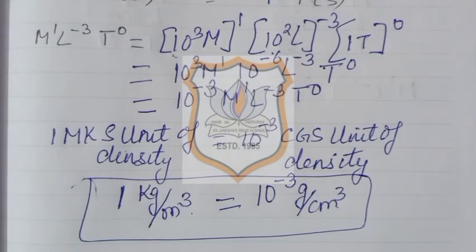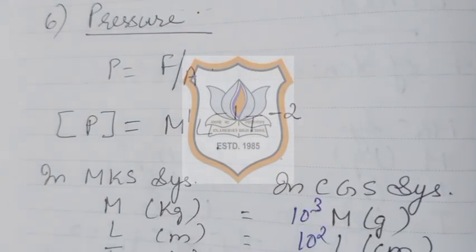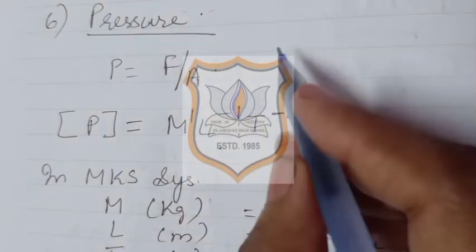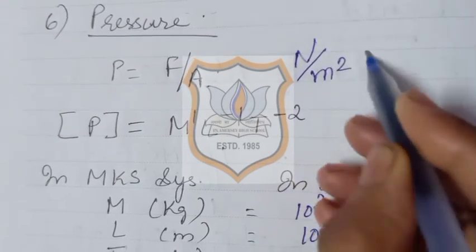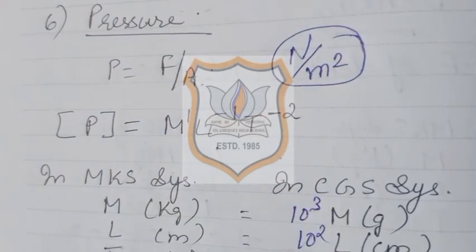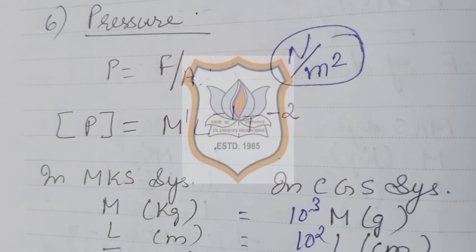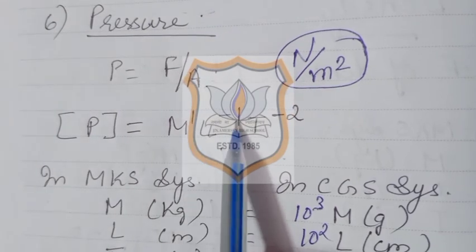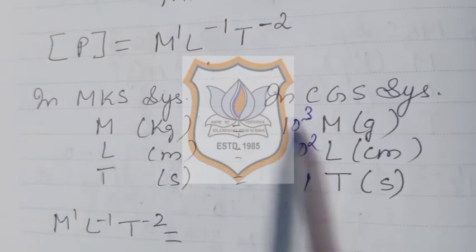This is a relation. Let us take another quantity, that is pressure. Now what is the formula for pressure? Force upon area. Force we measure in Newton, area we measure in meter square. So Newton per meter square is the unit in the MKS system. What is the next step? The dimensional formula for pressure, that is m1 L minus 1 t minus 2. This step is common.